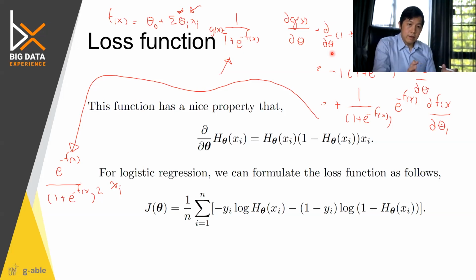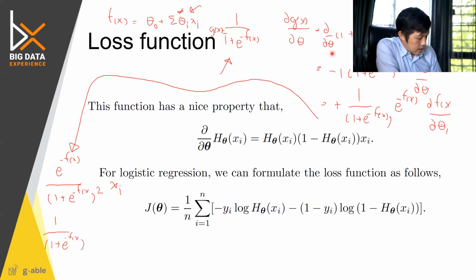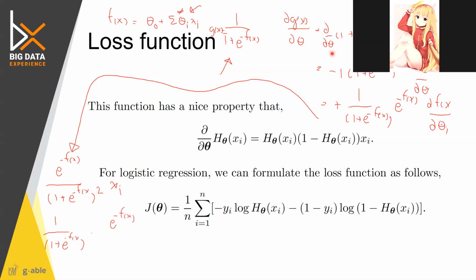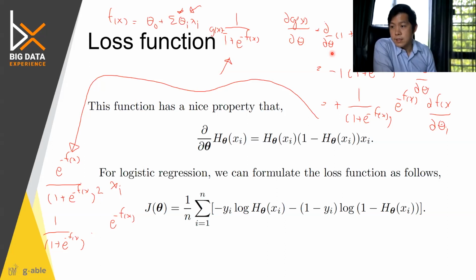And when we arrange it a bit, we would have this form because we have 1 over 1 plus e to the minus fx, right? Times e to the minus fx. Yes. Do you have anything to say related to this?